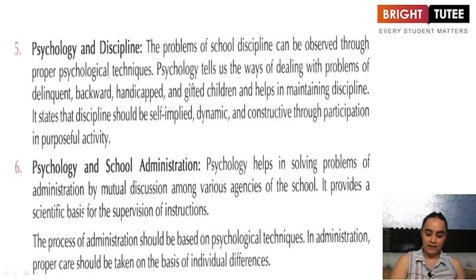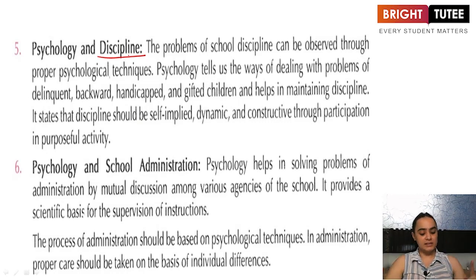Next we have again psychology and discipline. As we have learned, psychology is going to tell us how to deal with the problems of the students. Children who may be backward in society, may be a special child, they may be gifted children, they may be physically handicapped, they may be totally at unrest all the time.